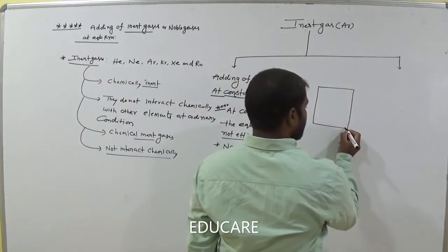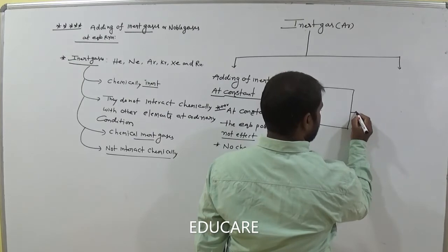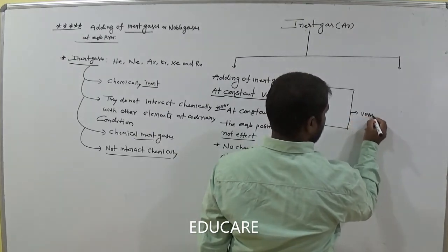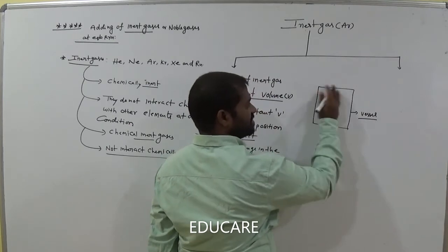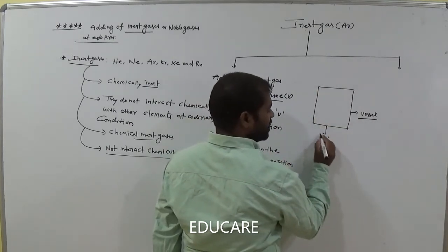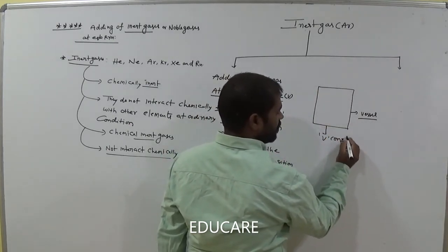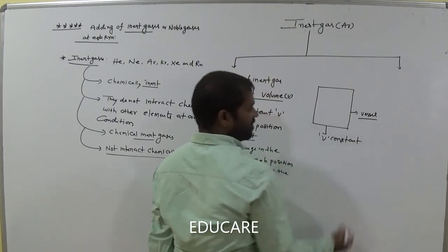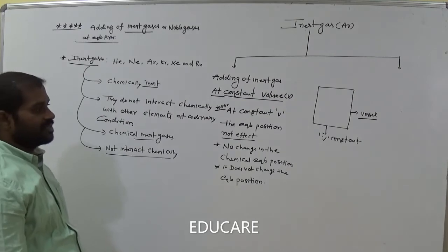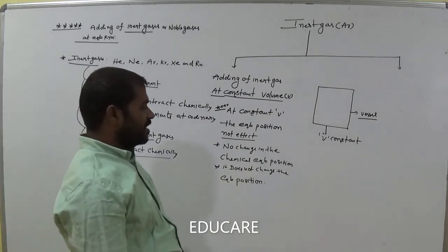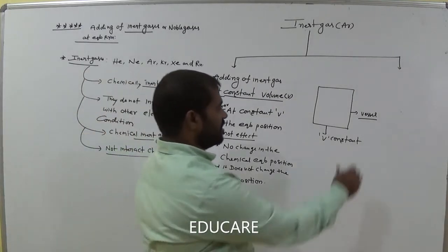So now consider a vessel. Now the volume is constant. V is constant.